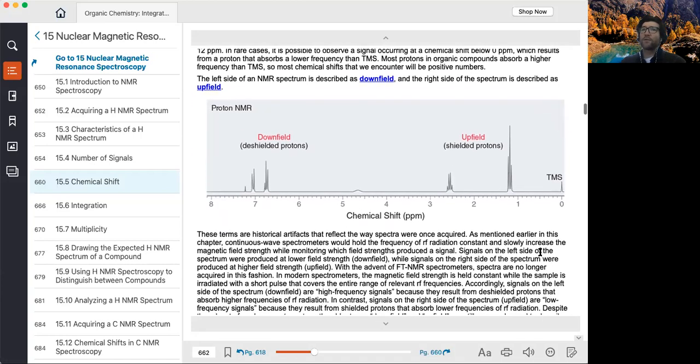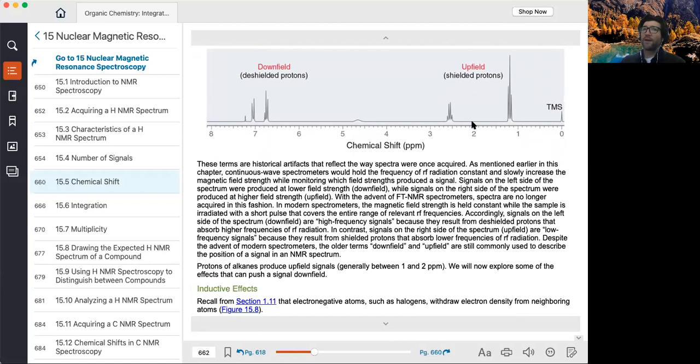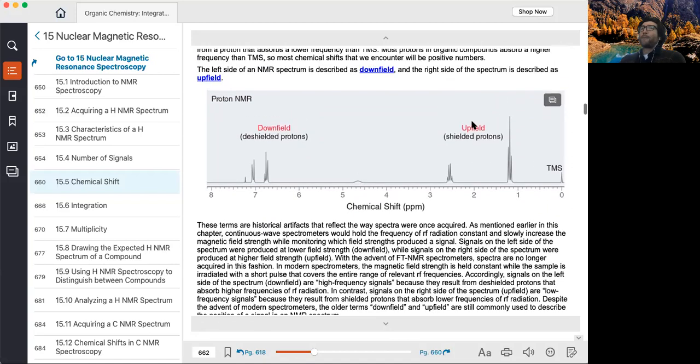It's not super useful to know where these came from, just know that this is how we talk about them. And if protons are more shielded, meaning that there is more electron density around them, then they will get an upfield shift. And as electron density goes away, they will get a downfield shift.